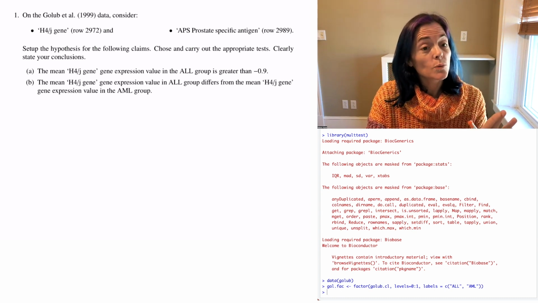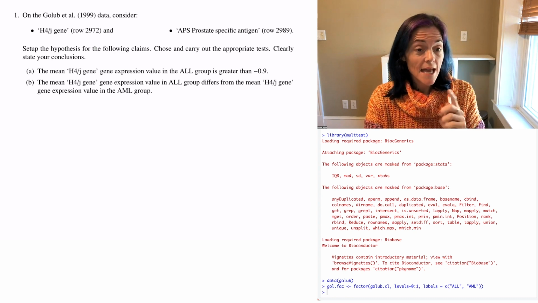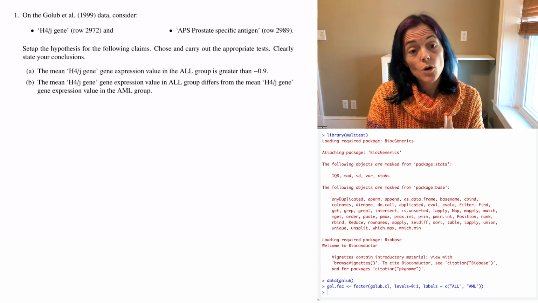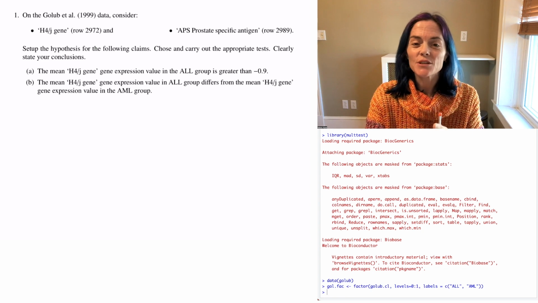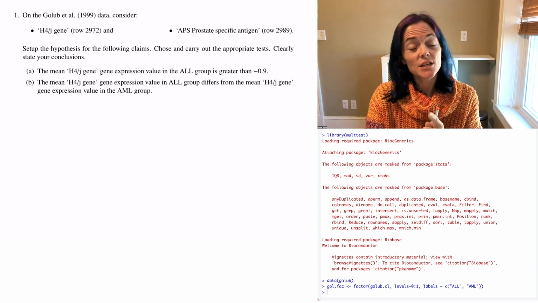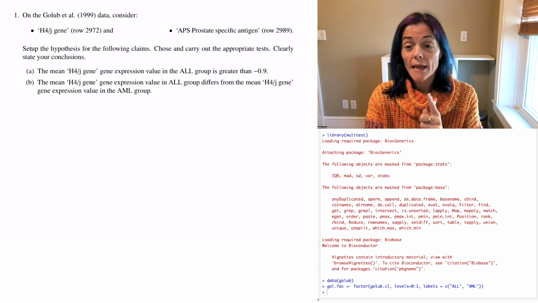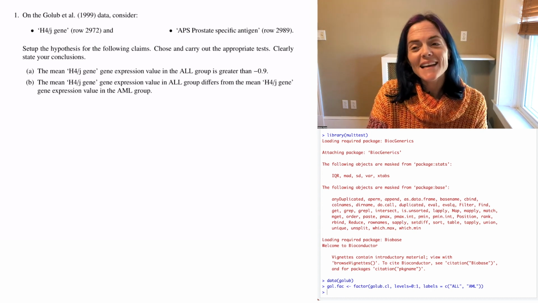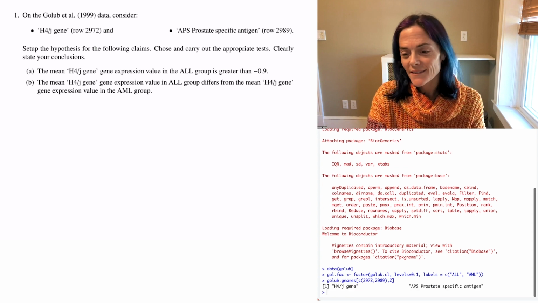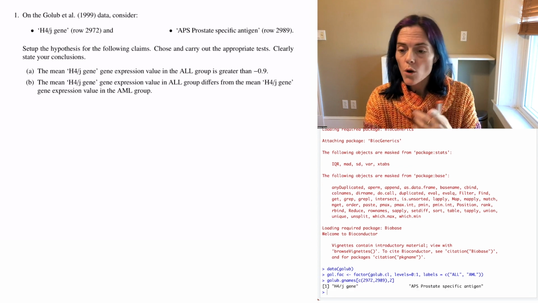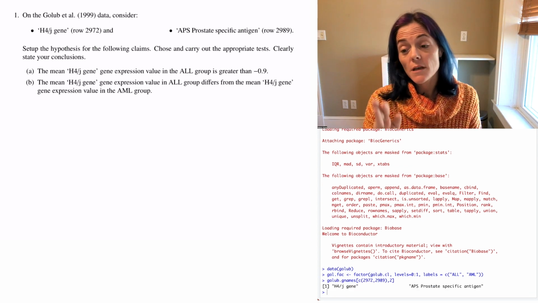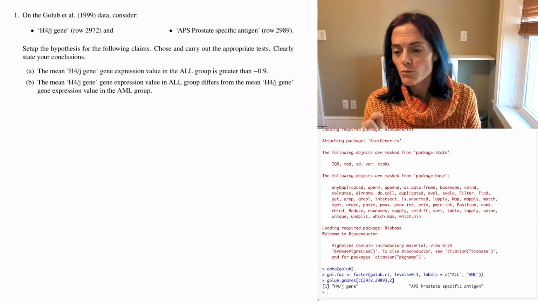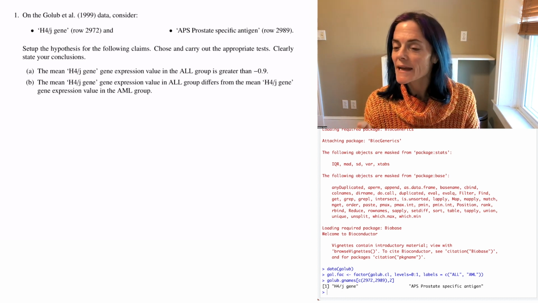Well, we are told we want the H4J gene. It's in row 2972, and APS, prostate-specific antigen, in row 2989. It's not a bad idea just to make sure that these are the right rows. And in fact, here I call golub.gnames with rows 2972 and 2989.